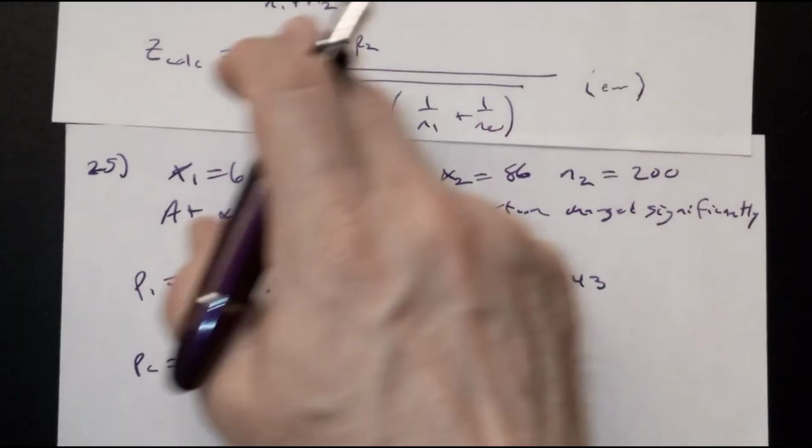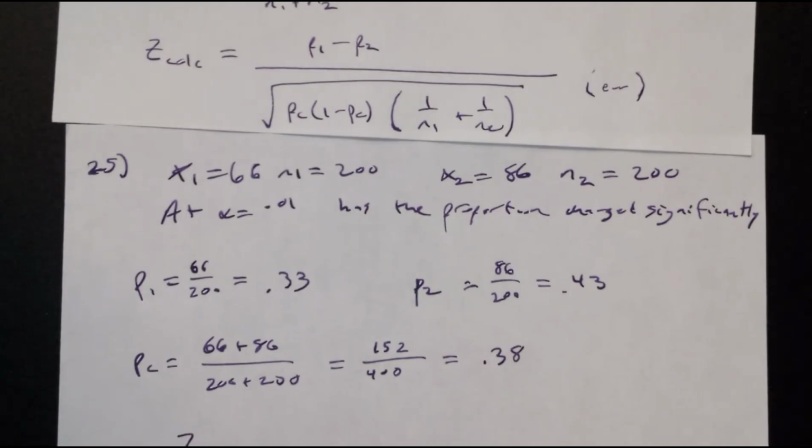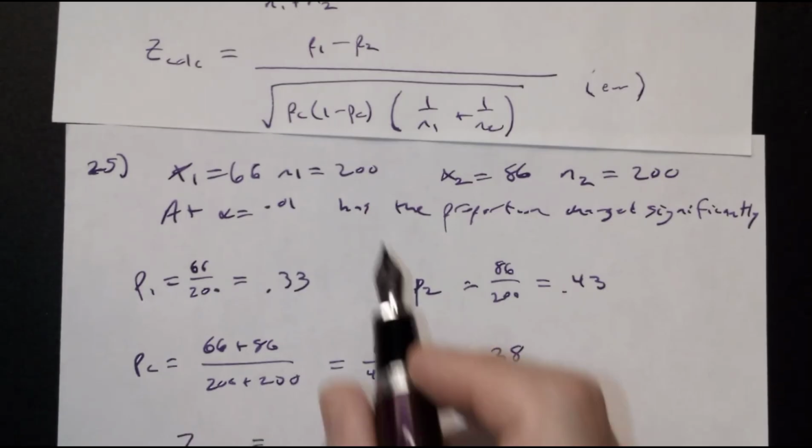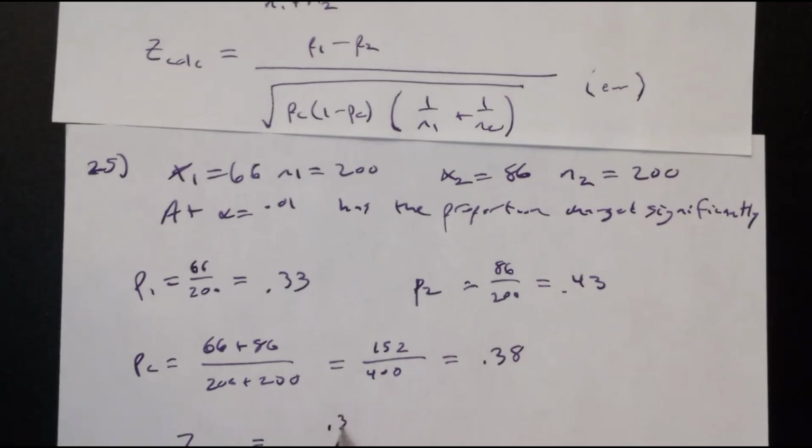Now I can do this calculation. P1 minus P2, 0.33 minus 0.43 over big square root.